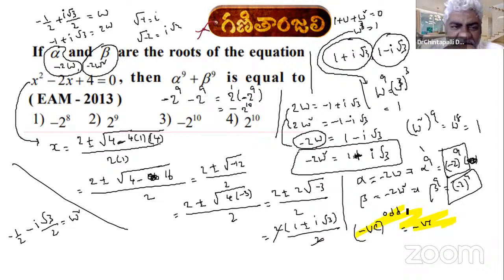Bunny, see, alpha is equal to 1 plus i root 3. These are the roots of the equation. Not 2 omega, negative 2 omega. If we get negative 1 plus i root 3, it will be equal to 2 omega. But our answer is this.